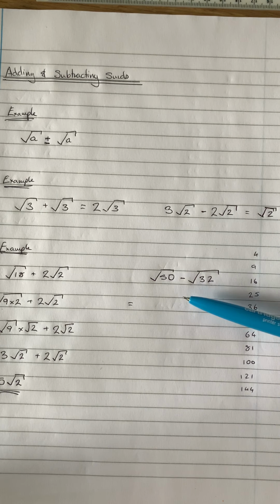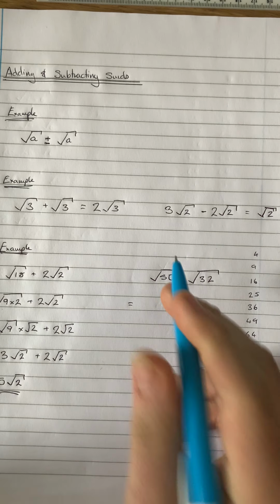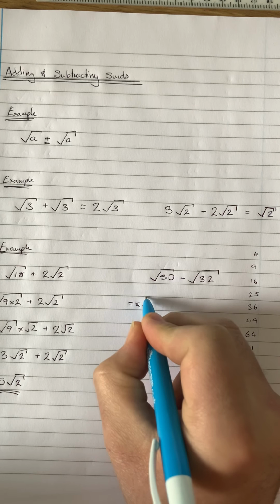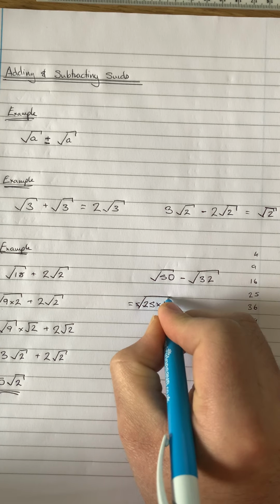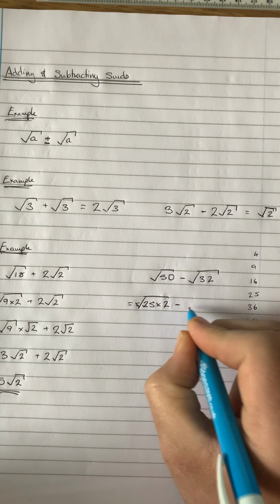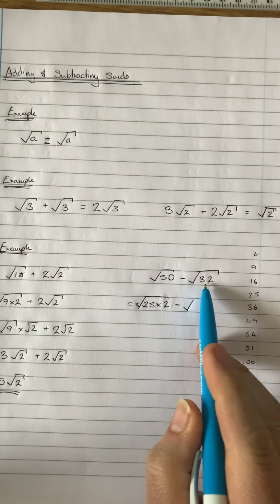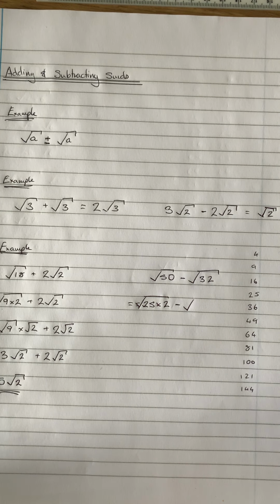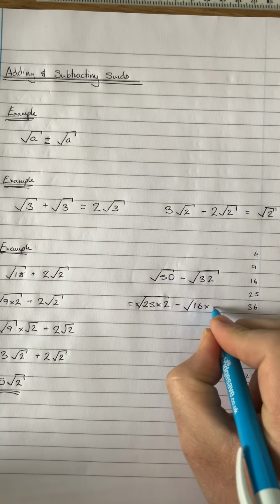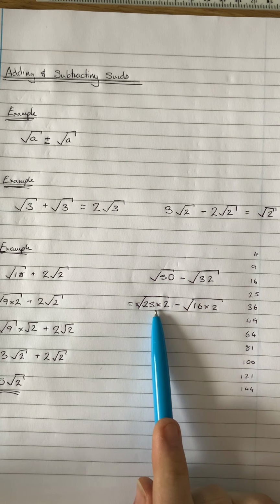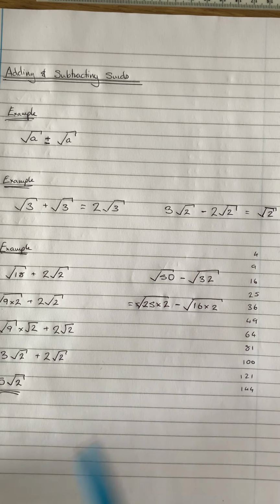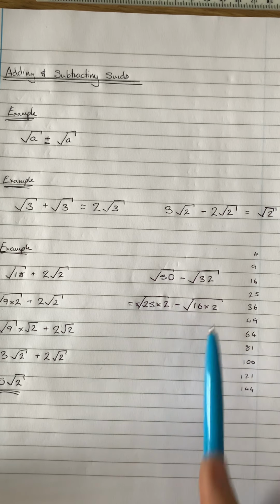So the largest perfect square that makes 50 is 25. So we can break that down to 25 times 2, subtract, and the largest that makes 32 is 16. So 16 times 2. Now you'll know you're on the right direction if both the surds have a similar number underneath them. In this case it's 2.